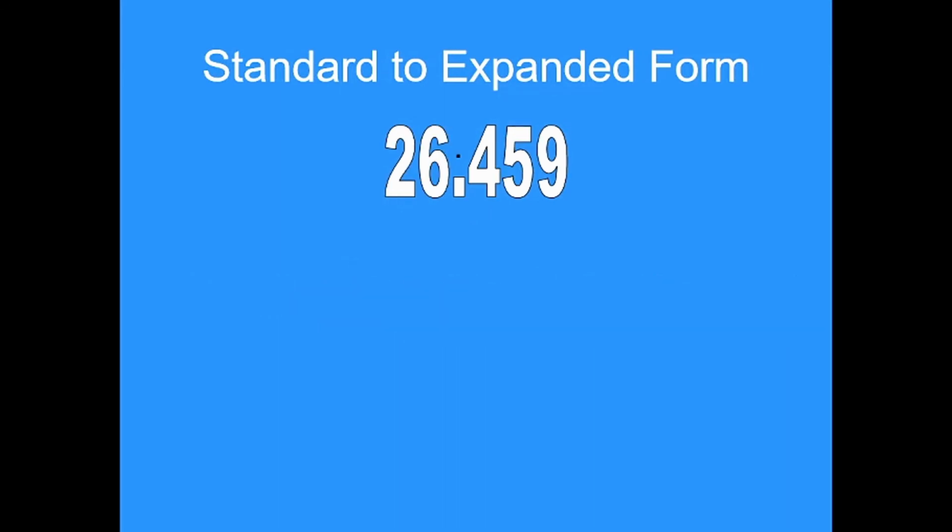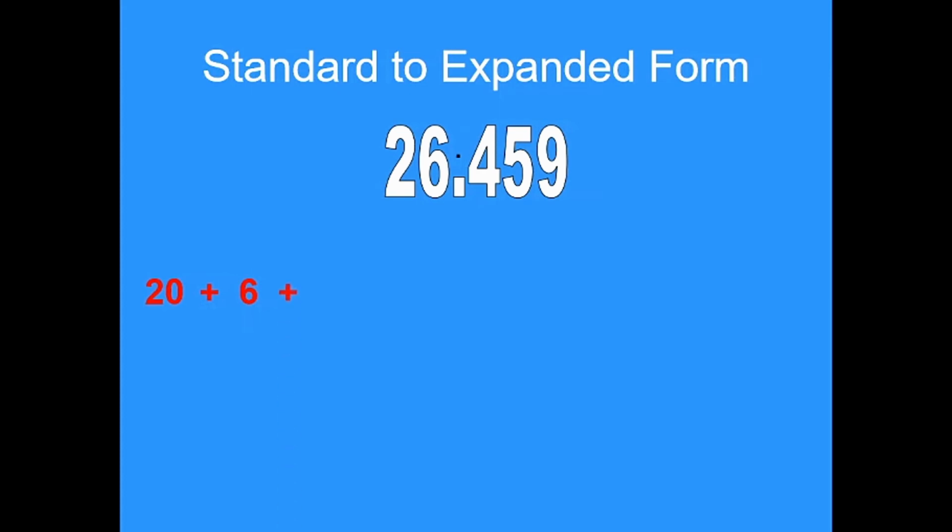Another one. 26.459. Let's begin with 2. What is the value of 2? 20. 2 times 10 equals 20. Plus, what is the value of 6? 6. 6 times 1 equals 6.